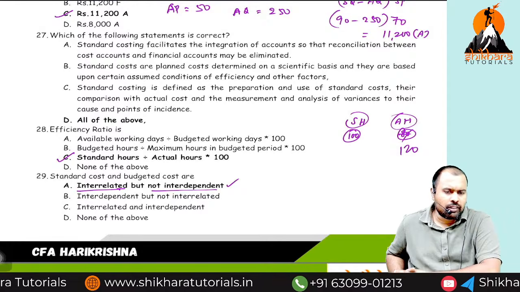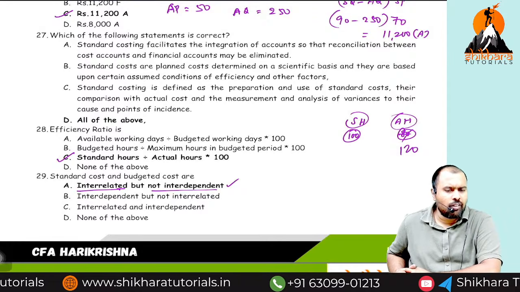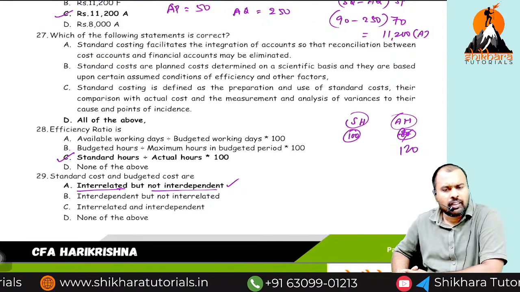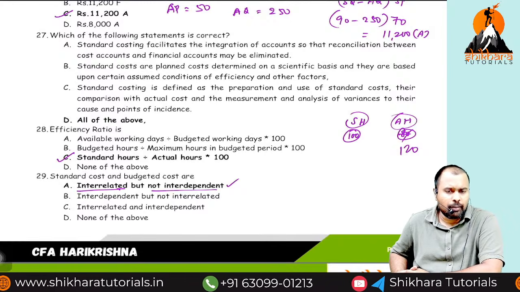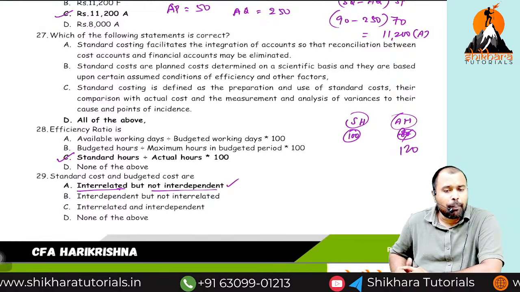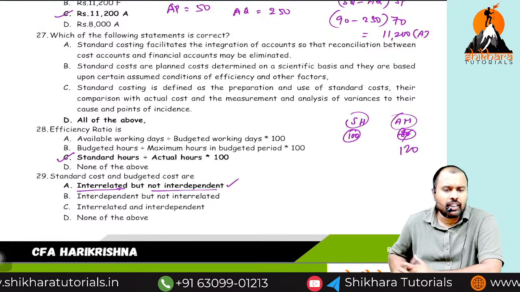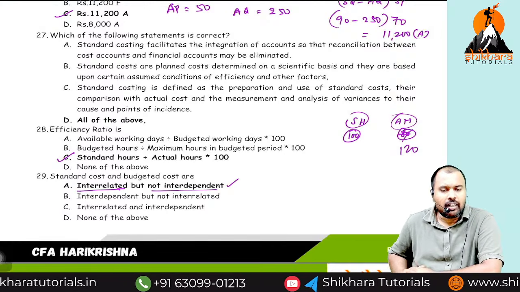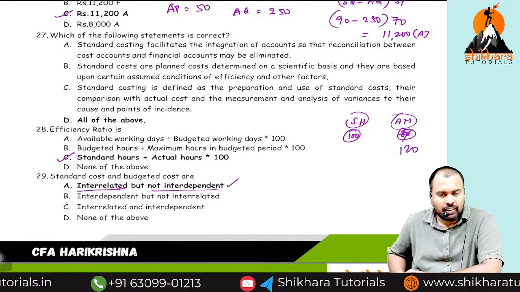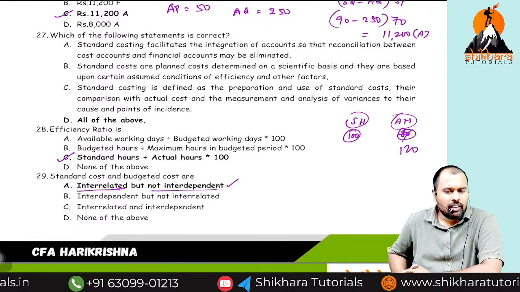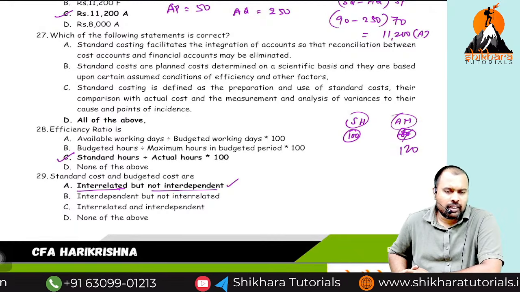Without standard cost we can prepare a budget. Budgets are prepared at the beginning, standards at the end. At the beginning, without the help of standards, we can create a budget. So they are not interdependent. They individually can work, but they are interrelated. Yes, they both are related, sir, because both will help us to evaluate the performance of various departments, and both are cost control techniques.